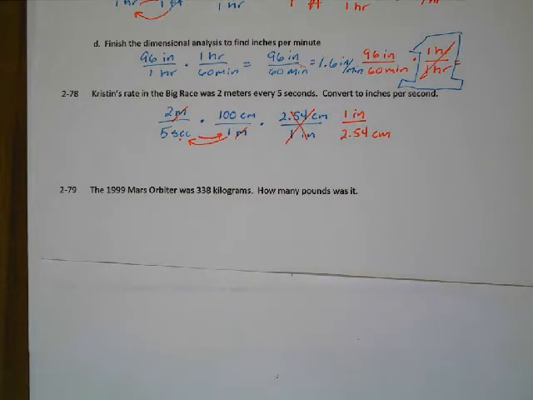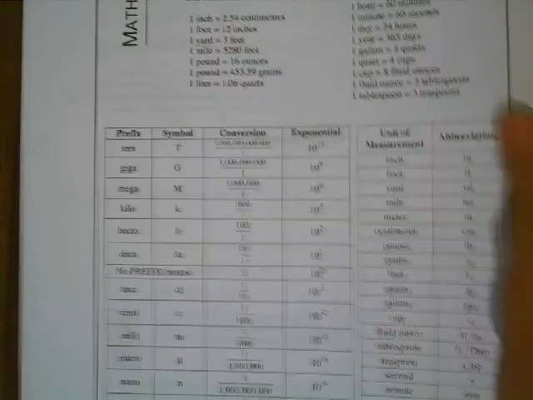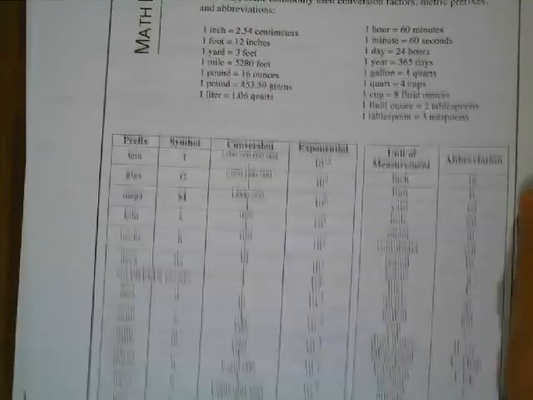Now I'm going to leave it up to you. We've practiced a little bit. That 1999 Mars orbiter, the one that was $125 million and they lost it, well, that one was 338 kilograms. So what I want you to do is go to your book and look through your methods and meanings.